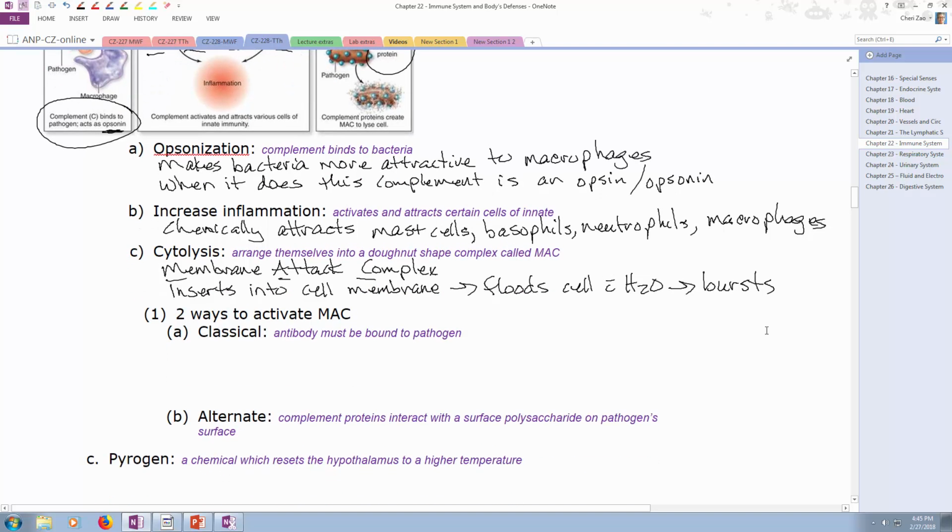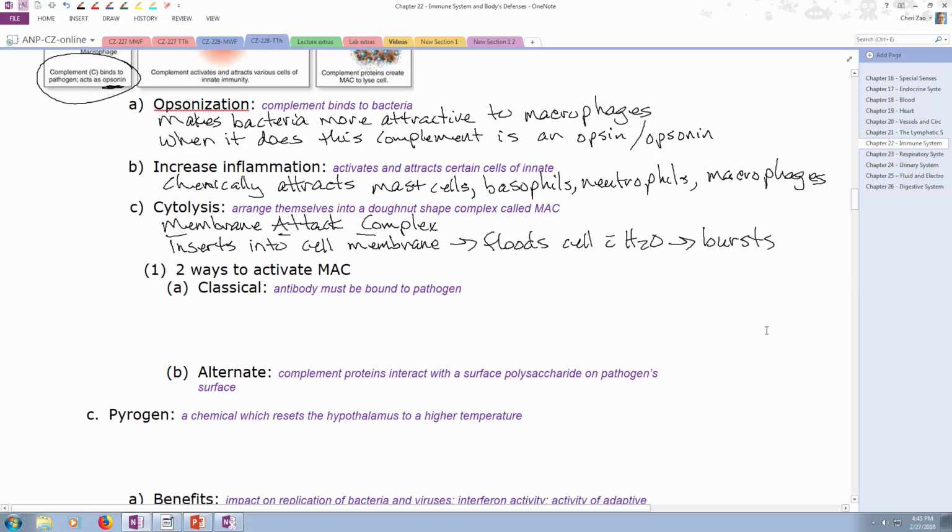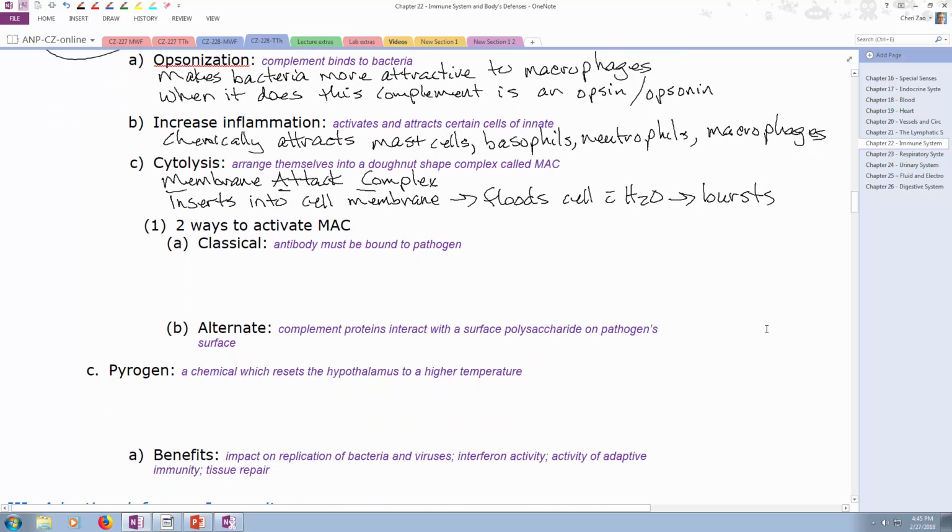MAC is activated by two different mechanisms. So cytolysis and MAC is two ways we can turn on the complement proteins involved in formation of MAC. One is called the classical pathway, and the other is called the alternate pathway.